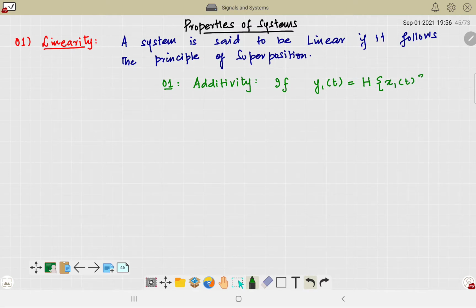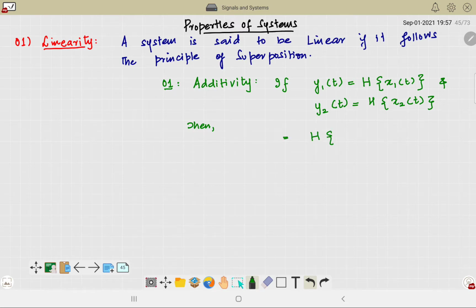So I have an input x1(t), I feed this signal to a system, there is some transformation, and that is mathematically represented as this. Similarly, if I apply this signal x2(t) to the same system, it gives some other response, say y2(t). Okay.